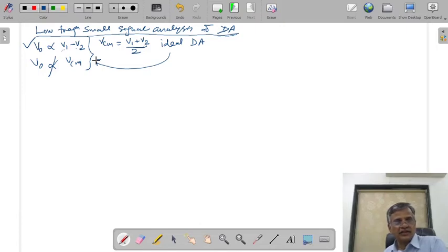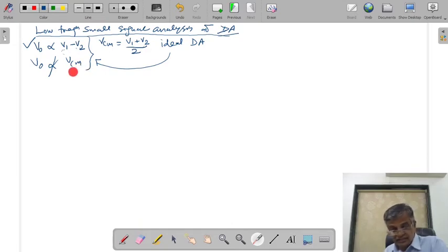But it is not like so. In practice, the differential amplifier does not amplify only the difference of the two input signals, but it also amplifies the common mode signal. In practice, it does not depend only on the difference of the input signals, but also depends upon the common mode signal.